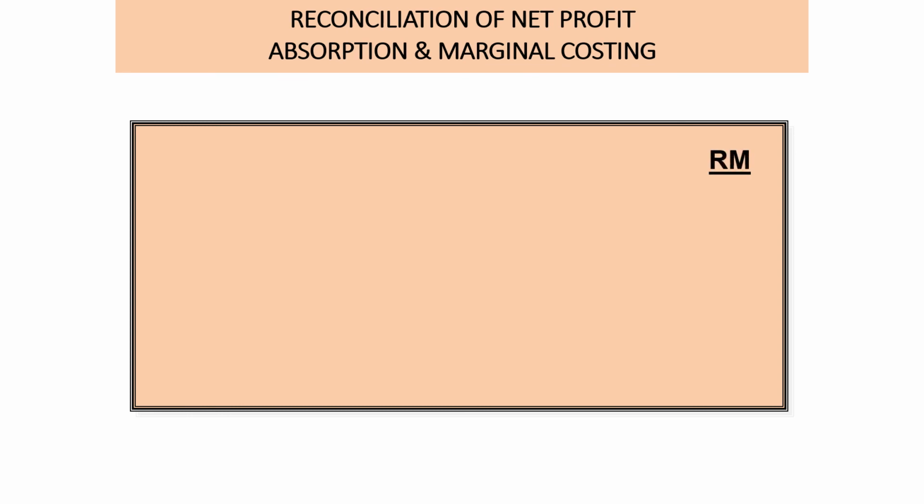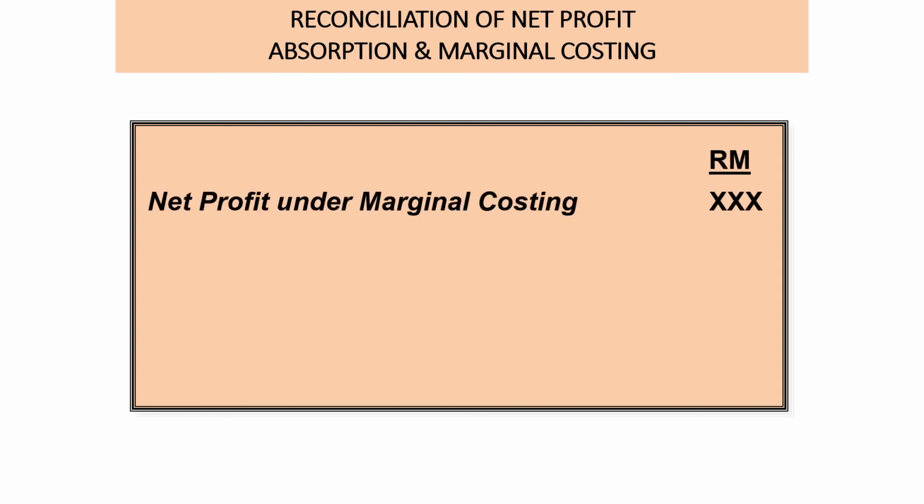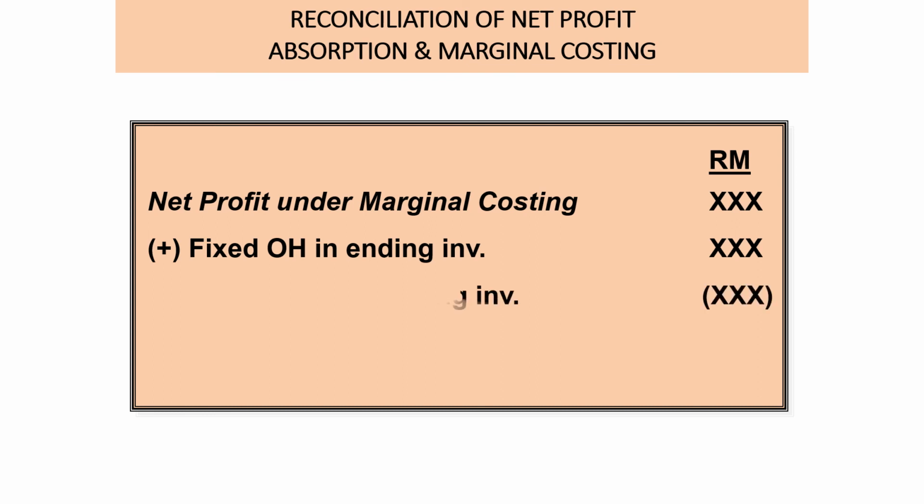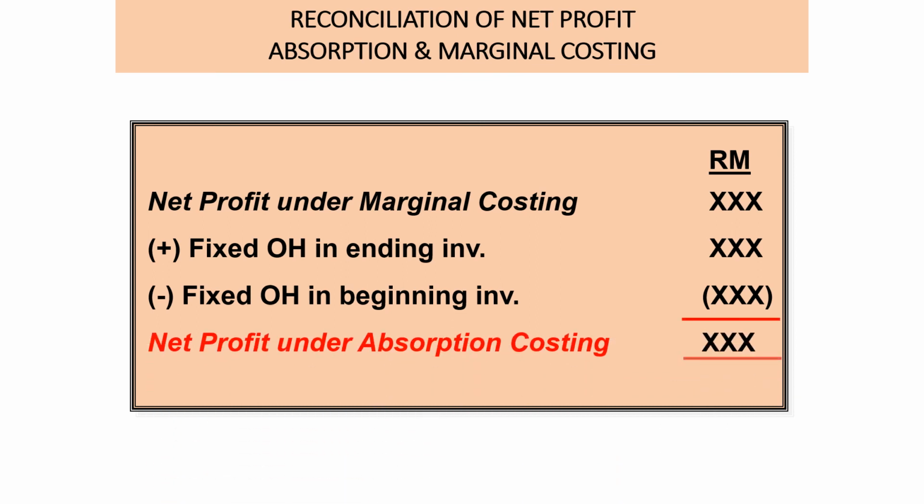If you start with marginal costing, you have to add the fixed overhead in ending inventory and minus the fixed overhead in beginning inventory, and the result will be net profit under absorption costing.